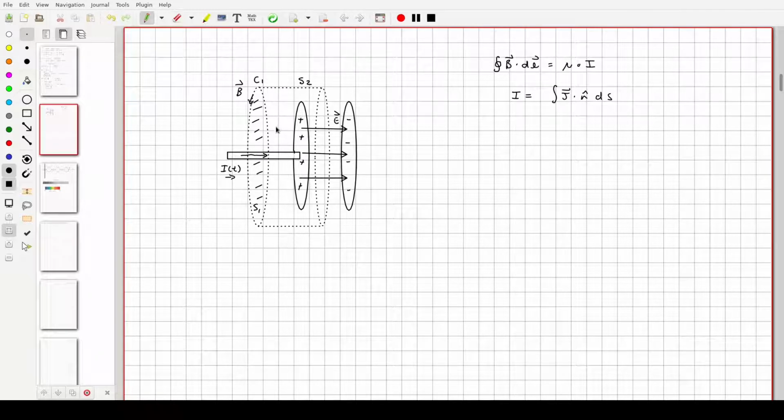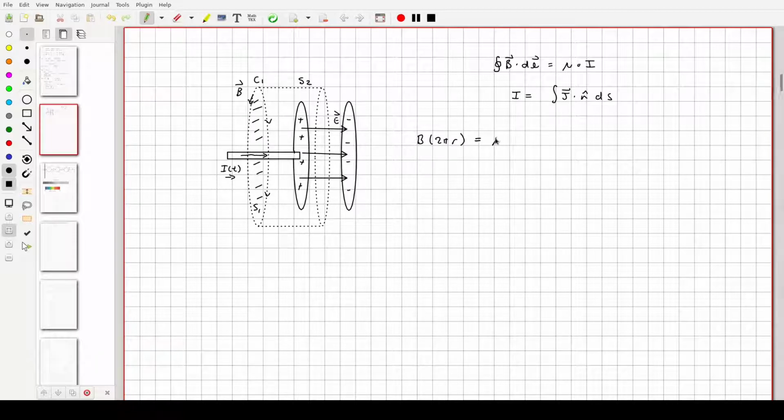So if I were to put my thumb in the direction of the current flow there, I would have a magnetic field that loops around in this direction like this. And sure enough, if I pick this closed loop right here, on the left-hand side, I'd have B times 2 pi times r, since that's a loop.